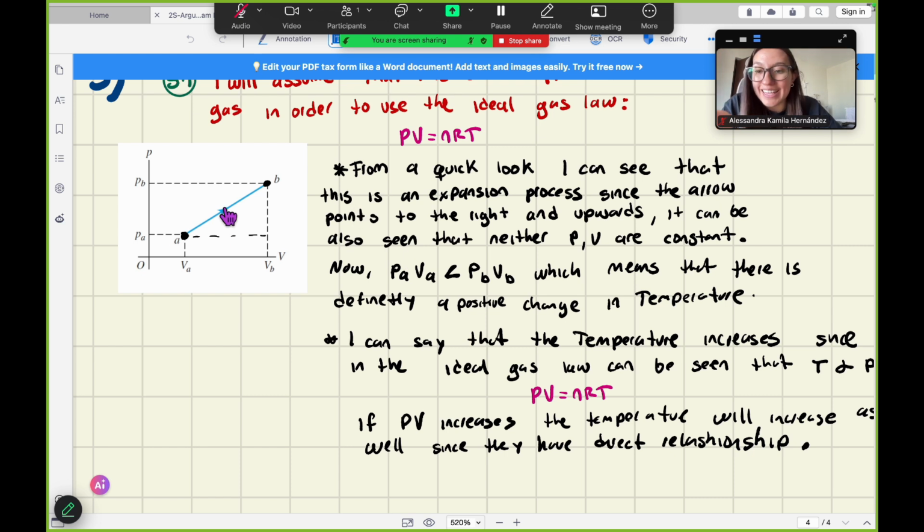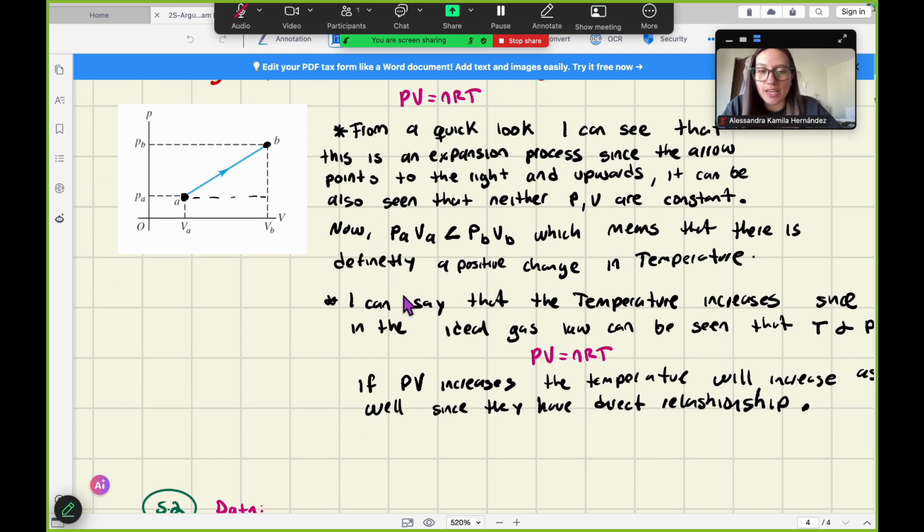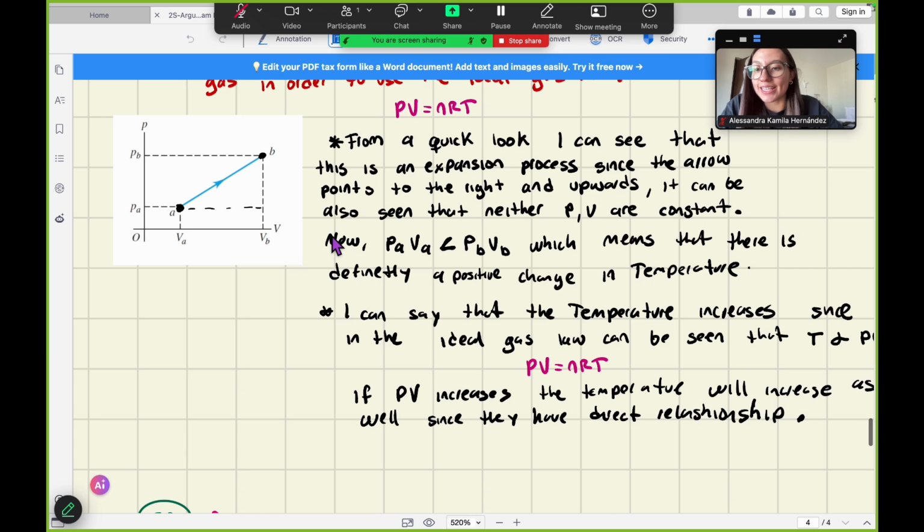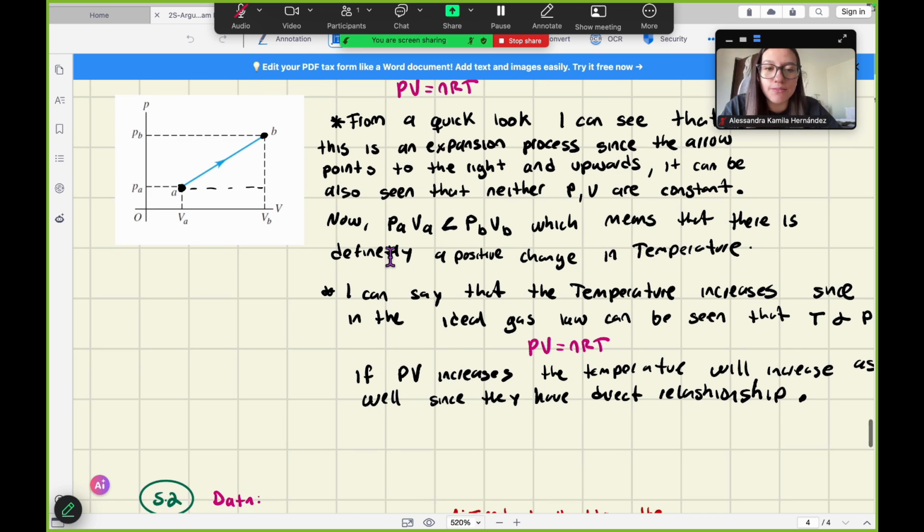It can also be seen that neither pressure nor volume are constant, and this is clearly not an isothermal process, so temperature is also not constant. So I can say that pressure A times volume A is less than pressure B times volume B, which means that there is definitely a positive change in temperature.